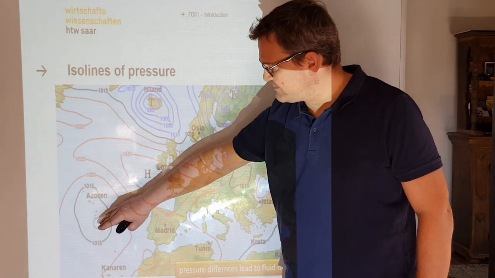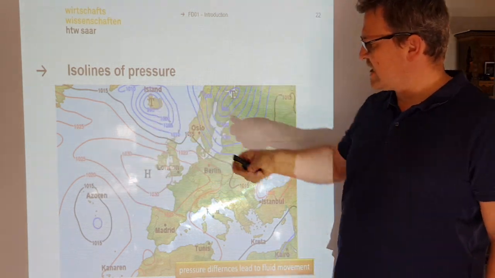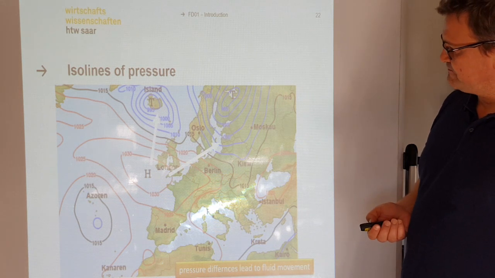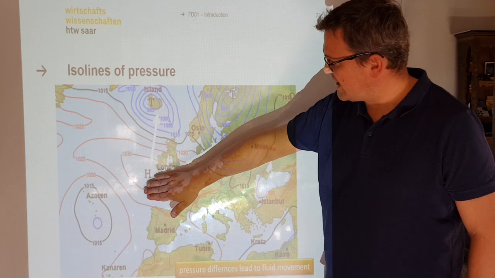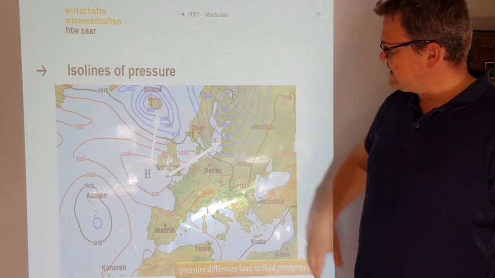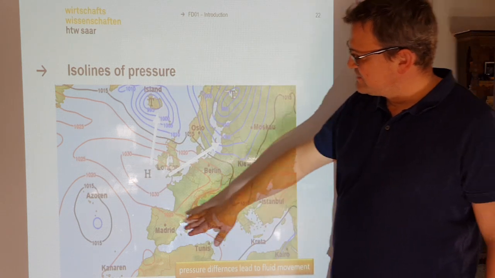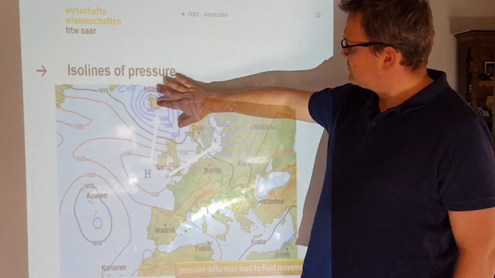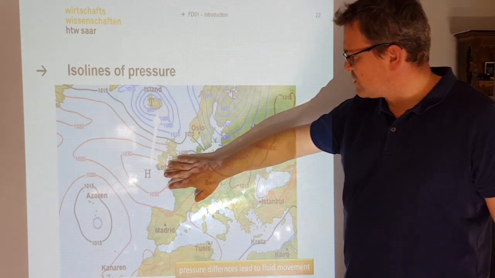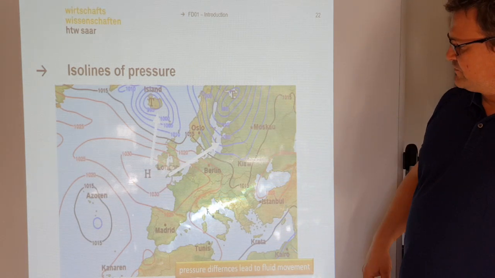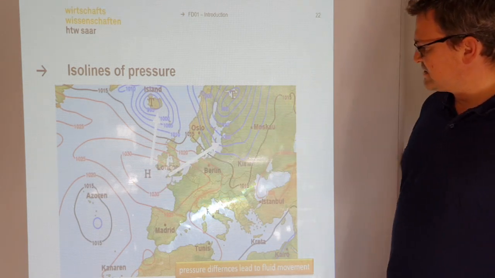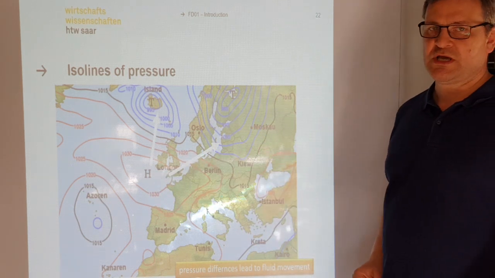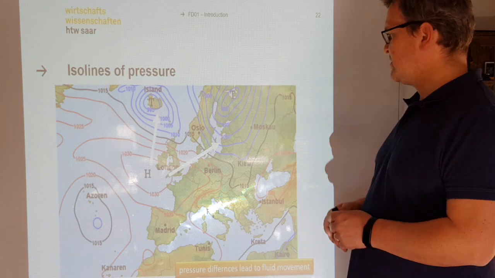The air comes from the high pressure side to the low pressure side. Here we see it. The wind will go to Iceland, and the wind comes from this African region and will go to the north, it will also go from west to east, and that's why we have relatively good and warm temperature here in Europe.